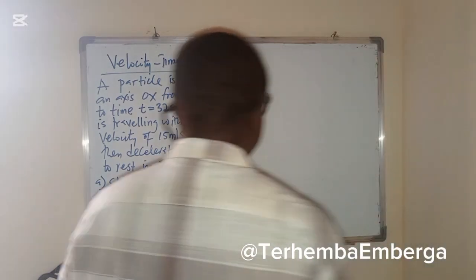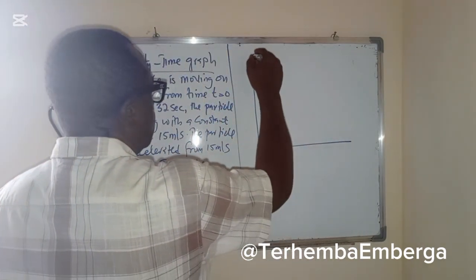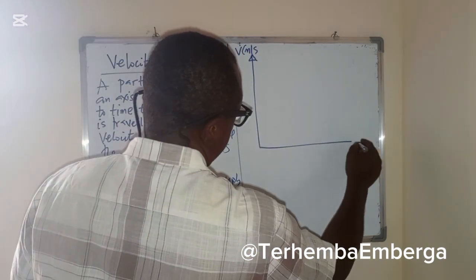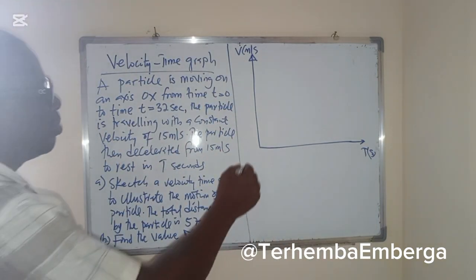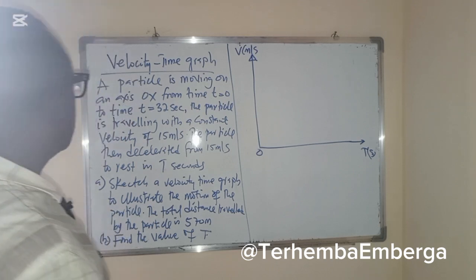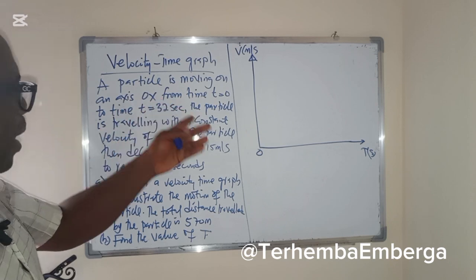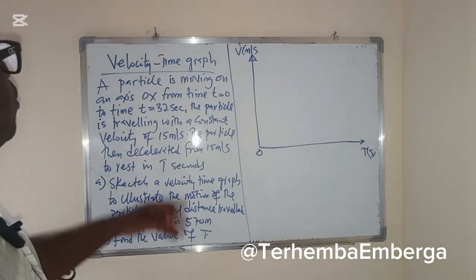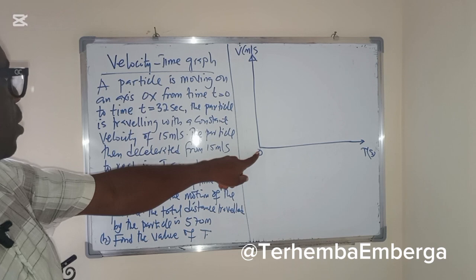So let's look at this problem. This is V in meters per second and t in seconds. So assuming this as 0, they said a particle is moving on an Ox axis this way from time t equal to 0 to time t equal to 32 seconds.